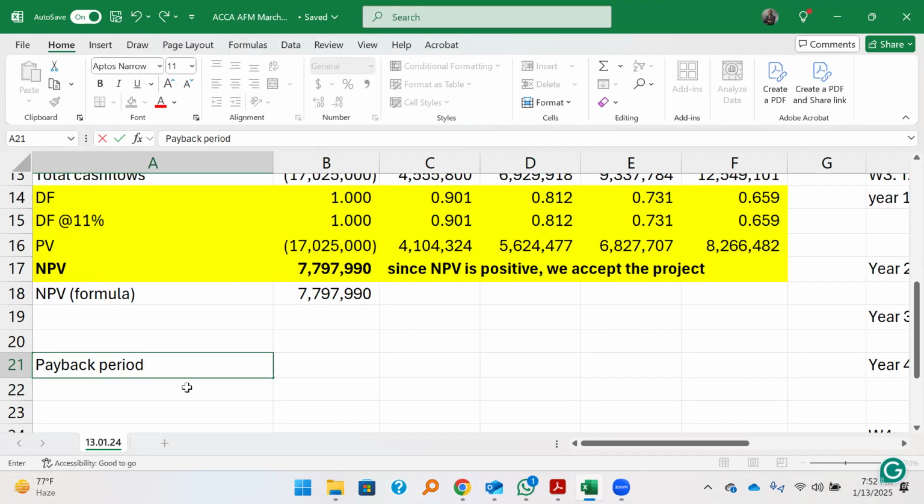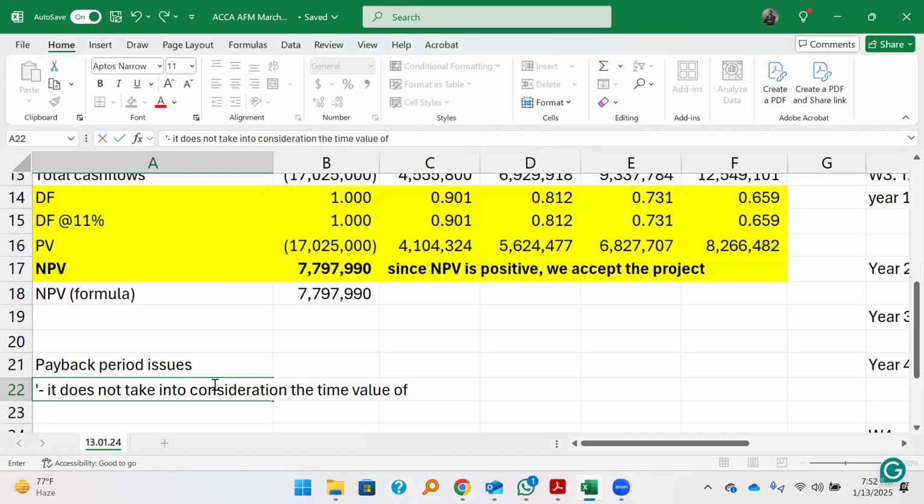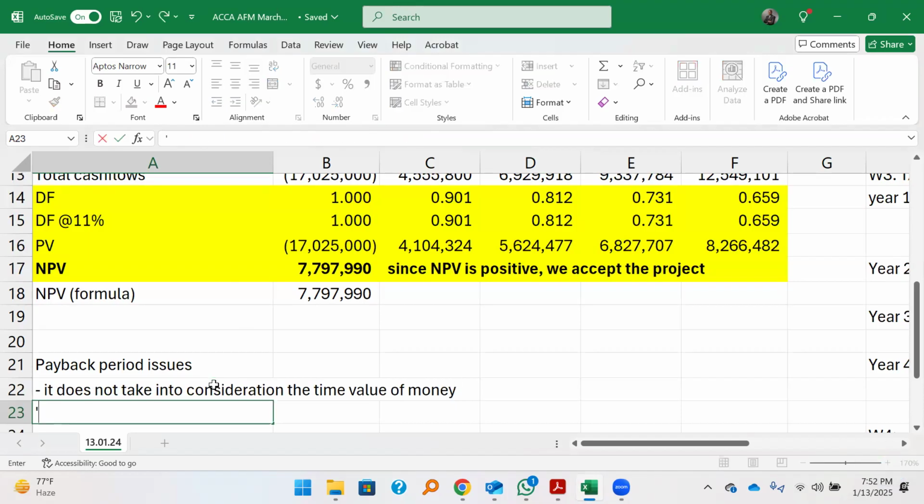But there are two problems with it. One is that it does not take into consideration the time value of money.